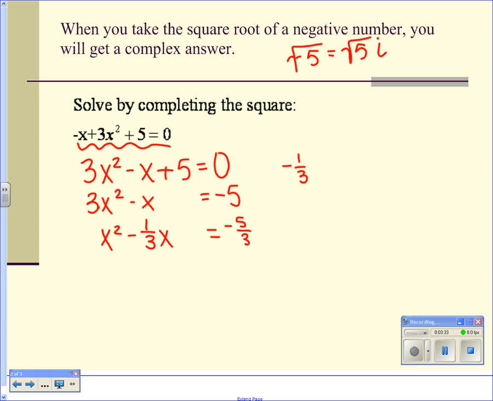What is half of 1/3? Okay, and then what do you do with that number? Square. What is it? 1/36. You always have to divide it by the number that's in front of the x squared.